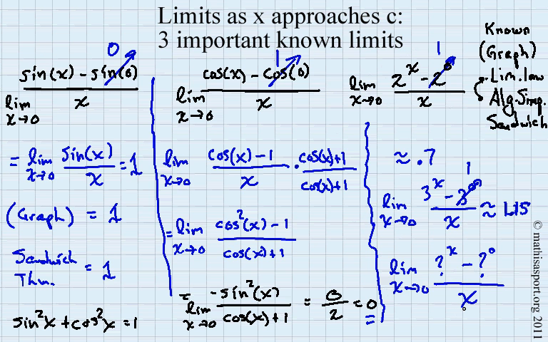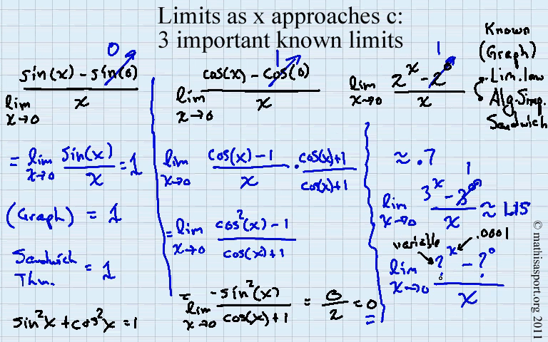Well, if you want to test that out on the graphing calculator, you have to make the mystery number your variable. And we make x something that's really, really close to 0. Let's make it 0.0001.